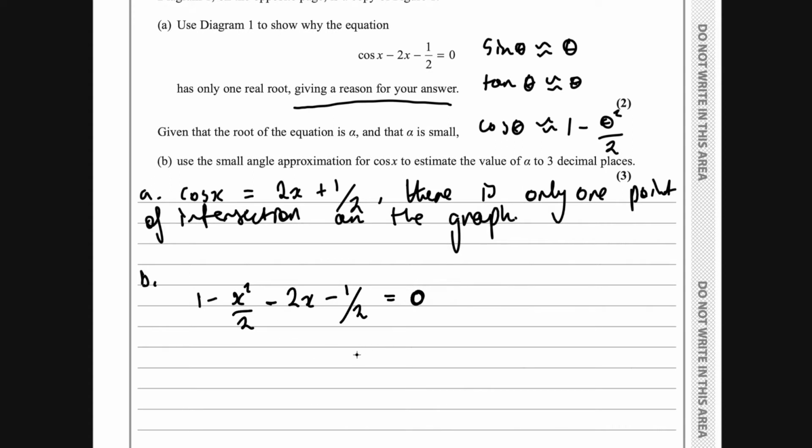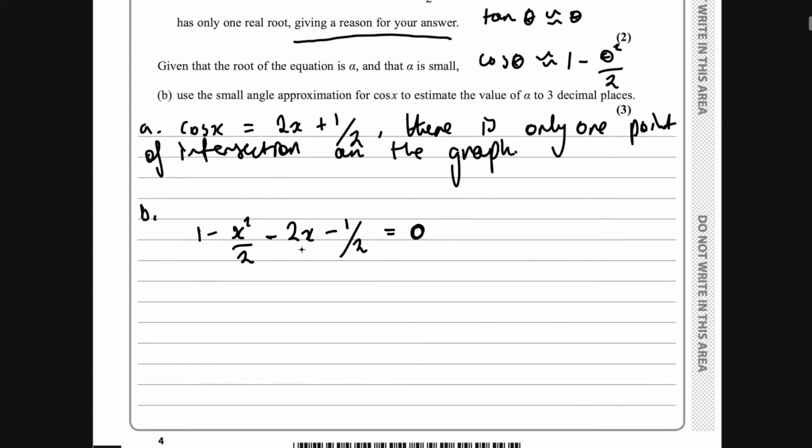And almost what we have here is a quadratic equation. So I'm going to be collecting like terms. So we've got 1 minus a half, which is a half. So we should have minus x squared over 2 minus 2x minus a half, plus a half, sorry.